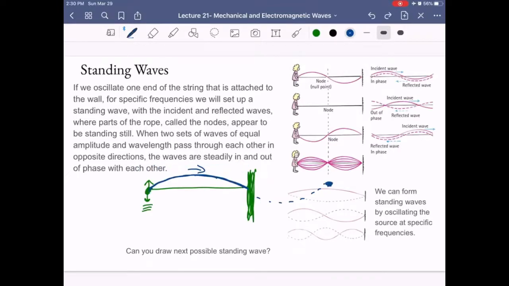So if I have this specific wavelength or frequency, I will have a first possibility for the standing wave. What happens is that the reflected wave that's coming backwards from the wall interferes with the wave that's going forward, and the result of interference of those 2 waves would look like a standing wave.